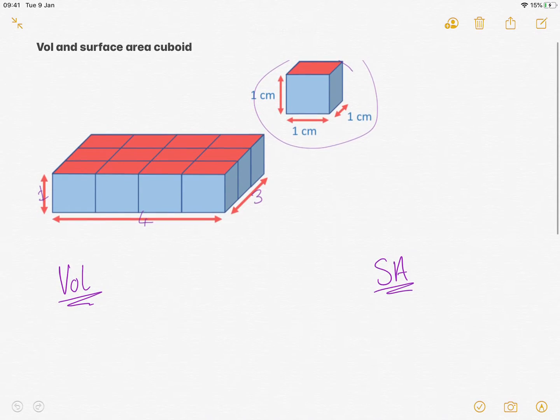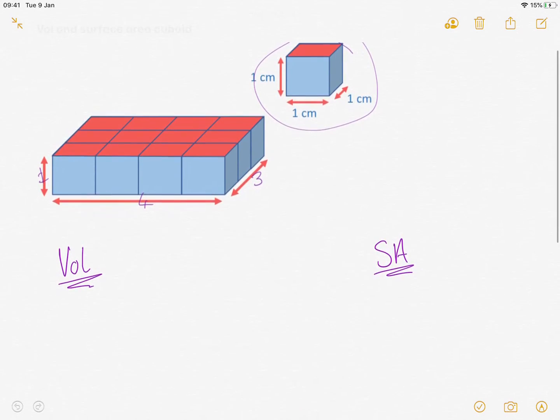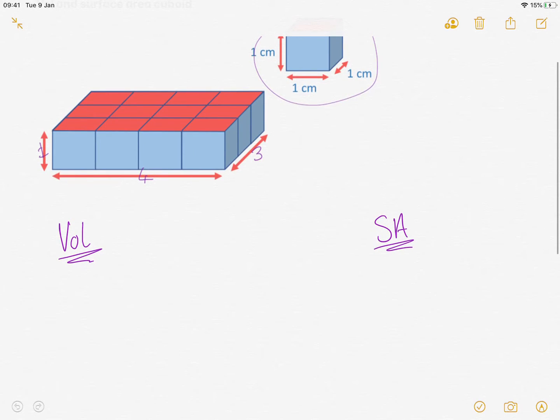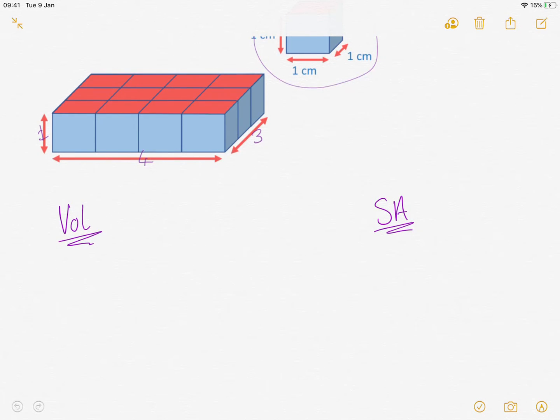So to work this out, as I said, we could count all these cubes, but something else we can do, if we're not given how many cubes there are and we're just given the dimensions, is do the length times the width times the height.